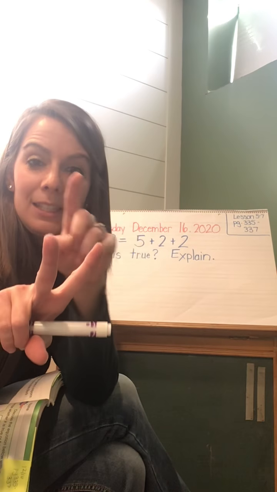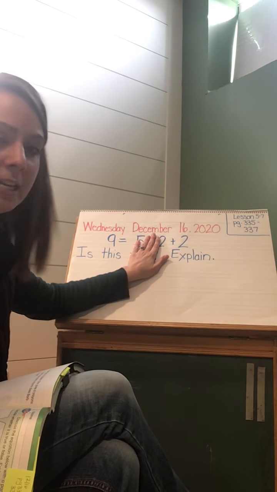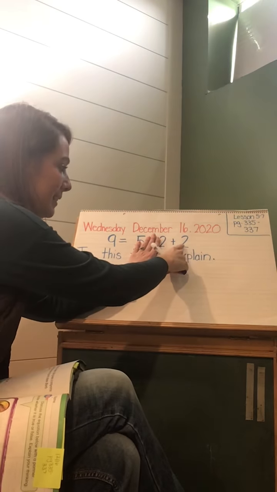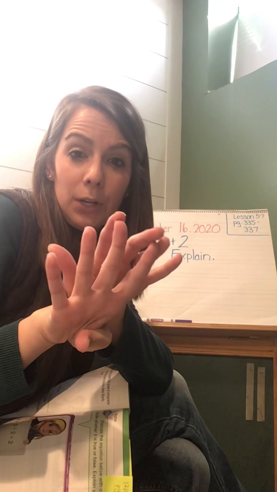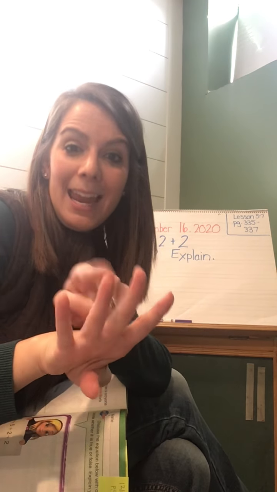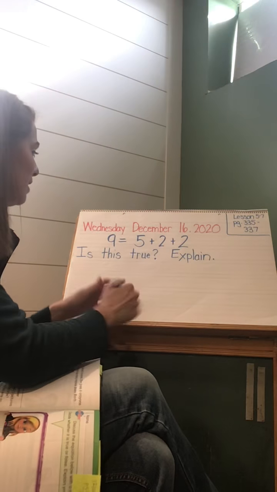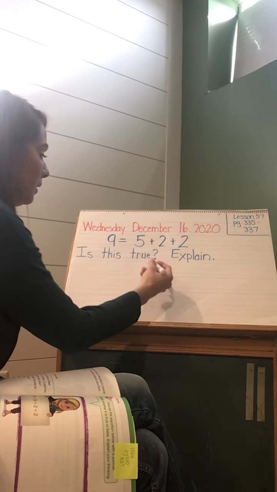This is 6. This makes 7. Okay, so let's think in our head. I've got 7 now, but I still need to add 2. So if I have 7 and I add 2 more, let's count on. Here's my 7. This makes 8. This makes 9. So I know that 5 plus 2 plus 2 is 9.